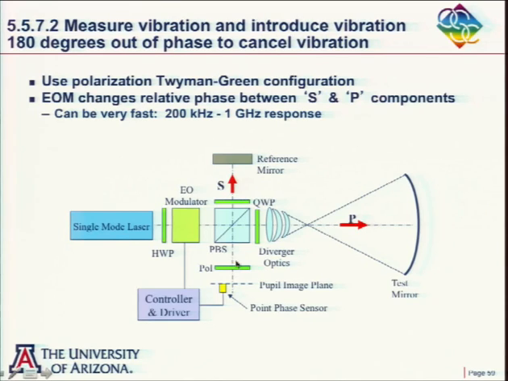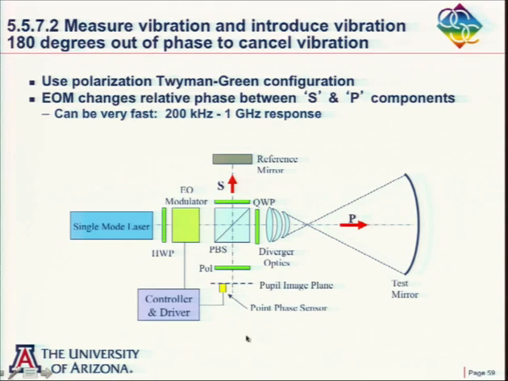Test and reference, which have orthogonal polarization, and we put in a polarizer to get interference down here. Okay. We put in a little point detector here that is a phase sensor, and I'm not going to describe right now how that phase sensor worked, but I have a slide coming up in a few slides that will show just how this little phase sensor worked.